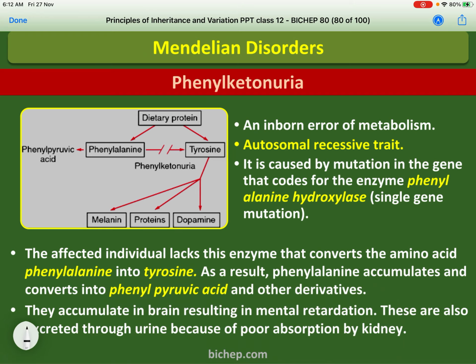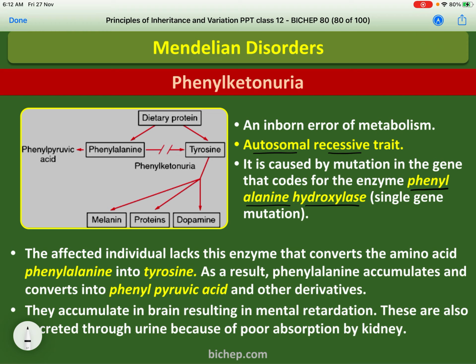Now, let us see what this disease is. First, the type: it is an autosomal recessive trait. It is caused by mutation in the gene that codes for the enzyme named phenylalanine hydroxylase, and it is a single gene mutation.